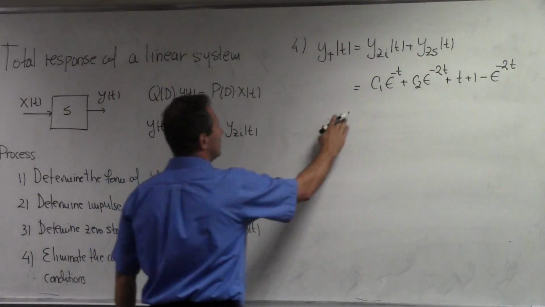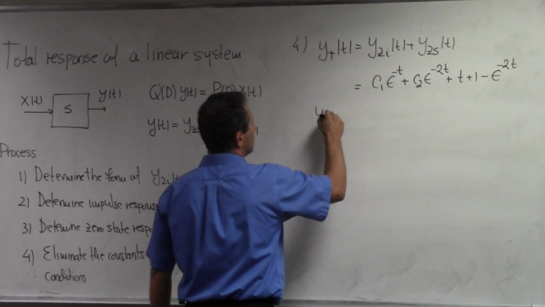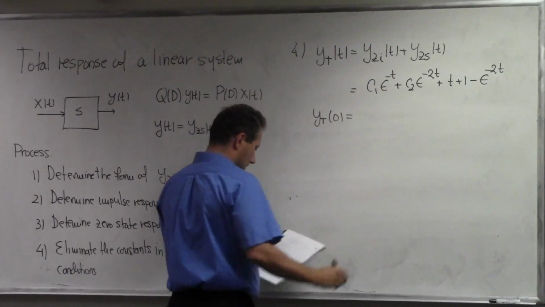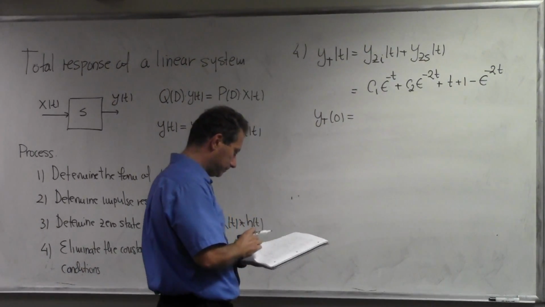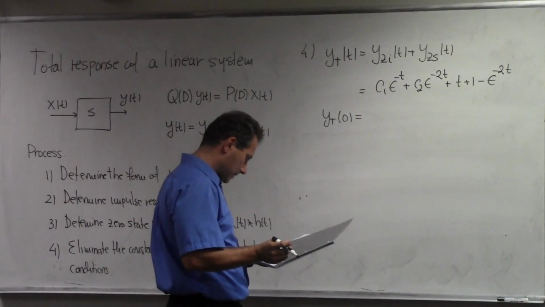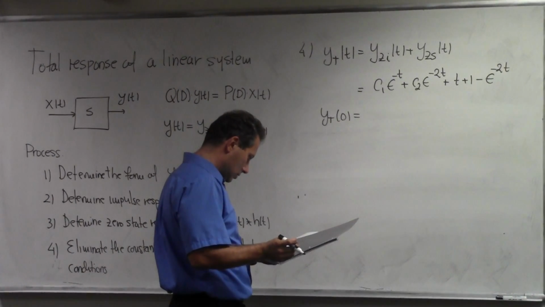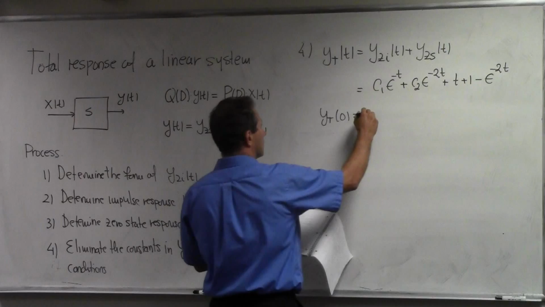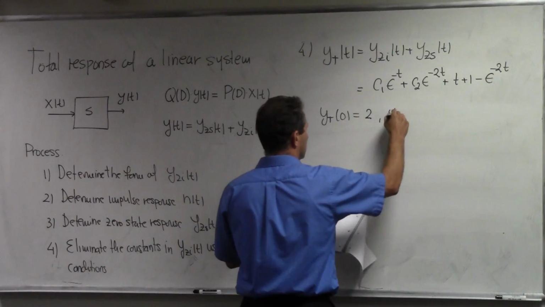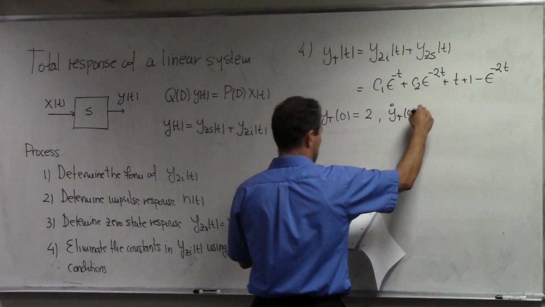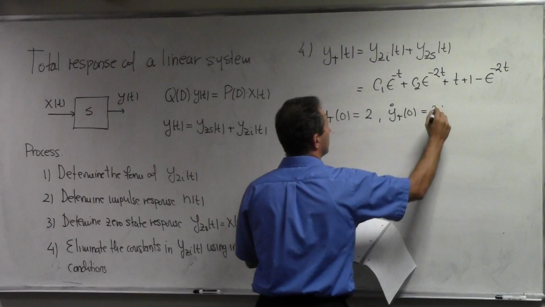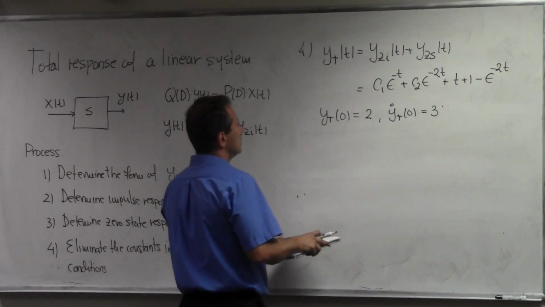We also have initial conditions. Y total at 0 was given at the very beginning to be 2. And Y total prime at 0 was given as 3. So let's substitute that here.